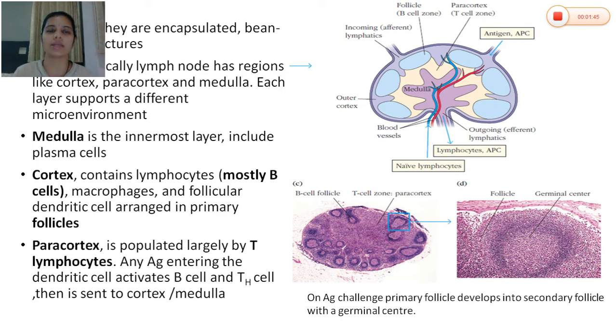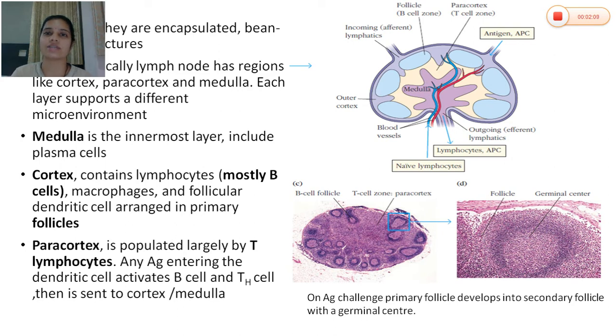In the medulla, there are many plasma cells. That means this is the region where more and more antibodies will be produced to combat the antigen. Similarly, the cortex contains mostly B cells or B lymphocytes, macrophages and follicular dendritic cells which are arranged in primary follicles.